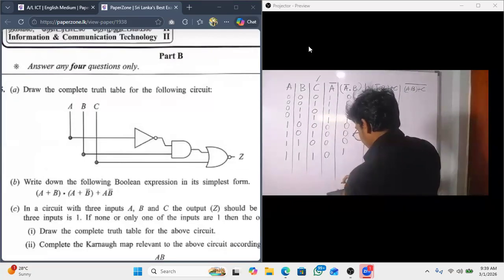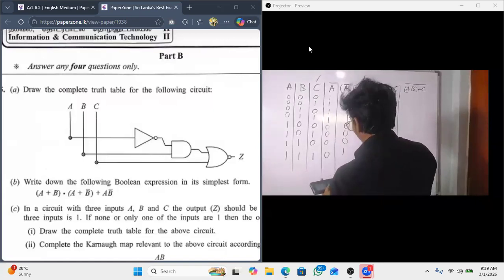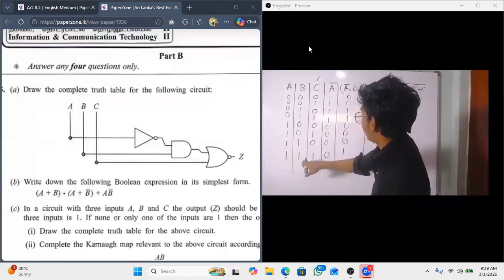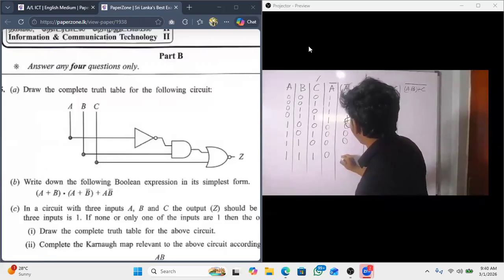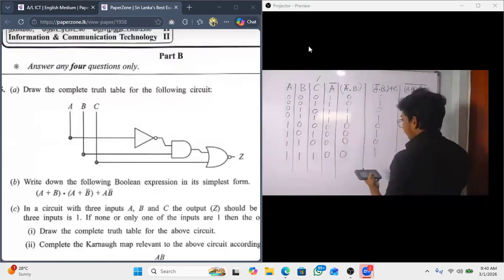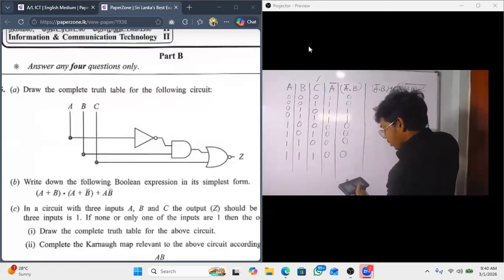This should be 1. And now correct me. And this one. 1 into 0 is 0. So where two columns were multiplied, your answers are correct. Yes. There was a small mistake. Okay, fine.